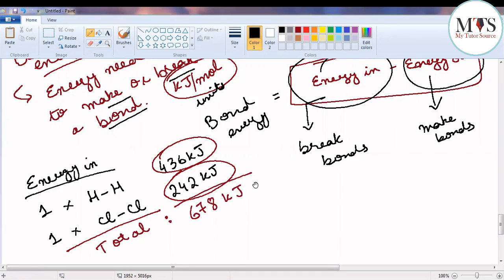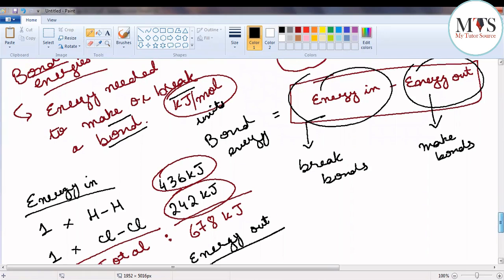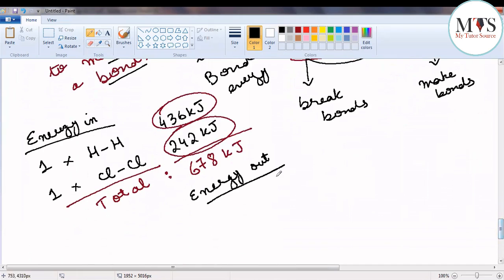So now if you look at the energy taken out, the energy taken out will be for the making of bonds, and that would be exothermic. We have just two hydrogen chloride bonds involved in it.